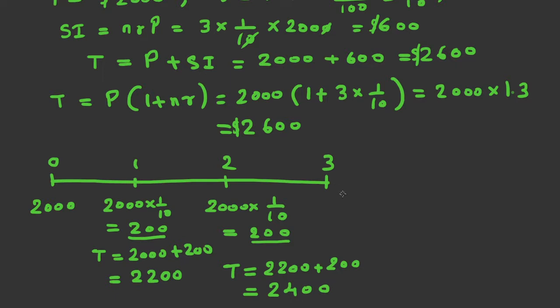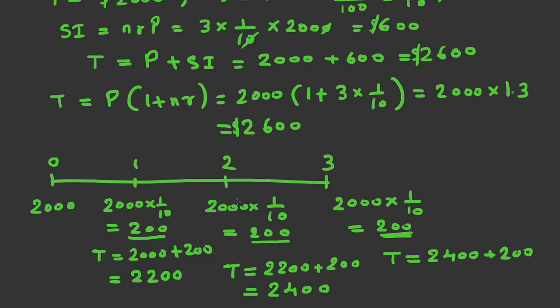Now the third period. At the third period also, I have to calculate the interest as 10% of the principal, that is equal to 2000 into 1 by 10, that is equal to 200. The accumulated amount is given by 2400 plus 200. Why 2400?